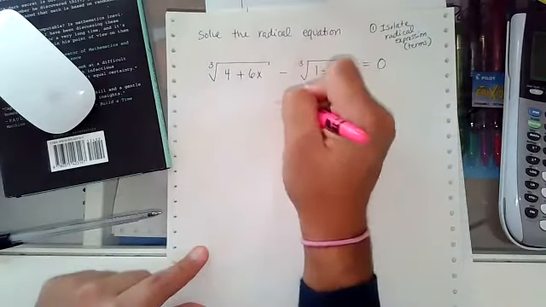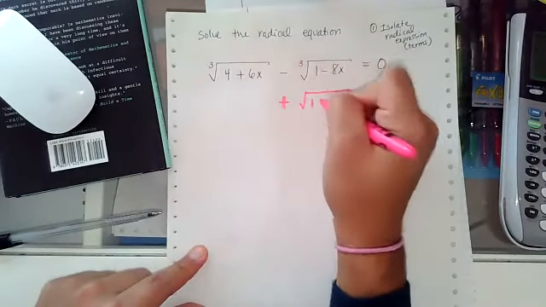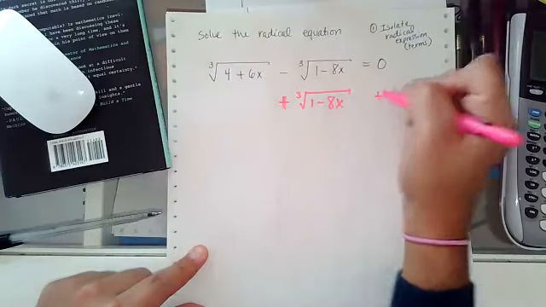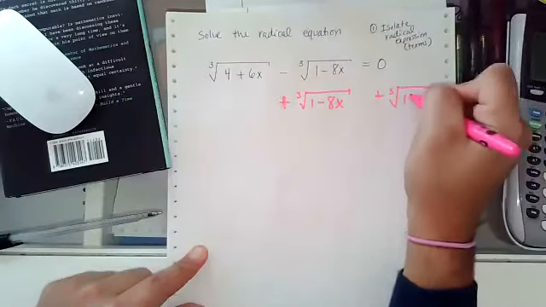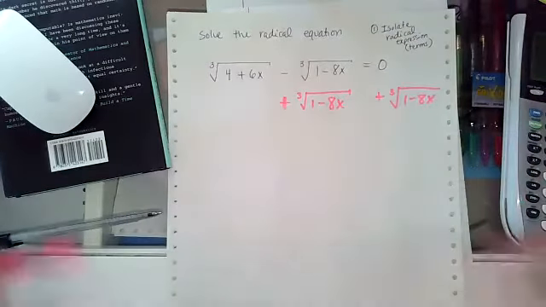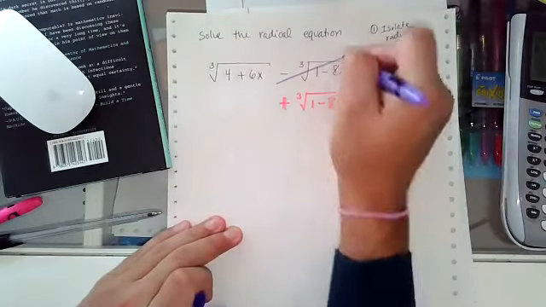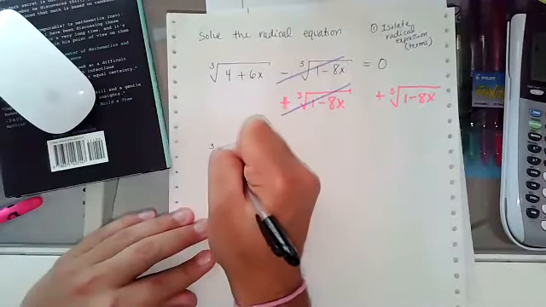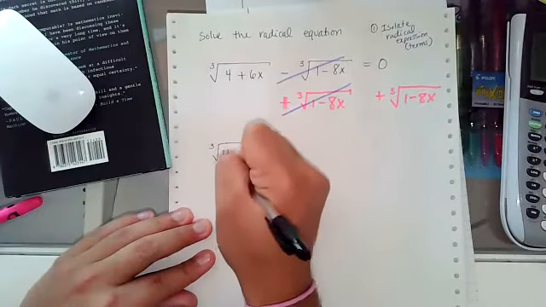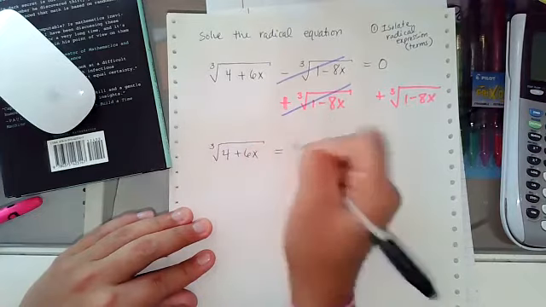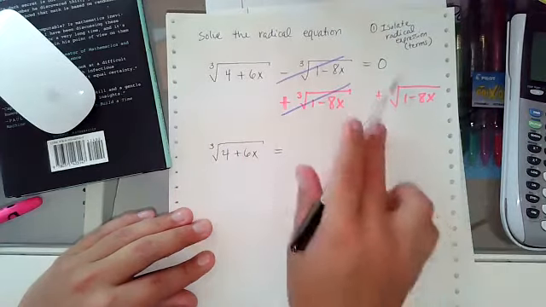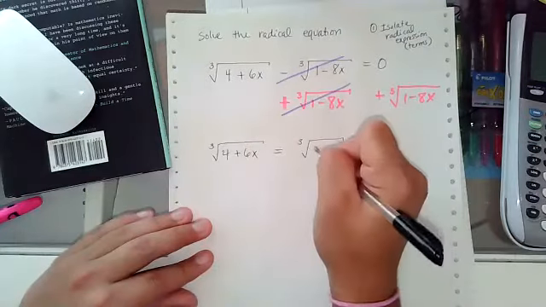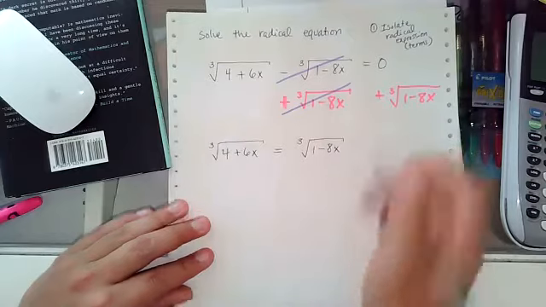So what we could do is add the cube root of 1 minus 8x to both sides of the equation, so that they cancel out here, and you end up with this equation, the cube root of 4 plus 6x is equal to, well, 0 plus anything is just whatever that thing is. So we have now, in essence, moved that other radical expression to the other side.